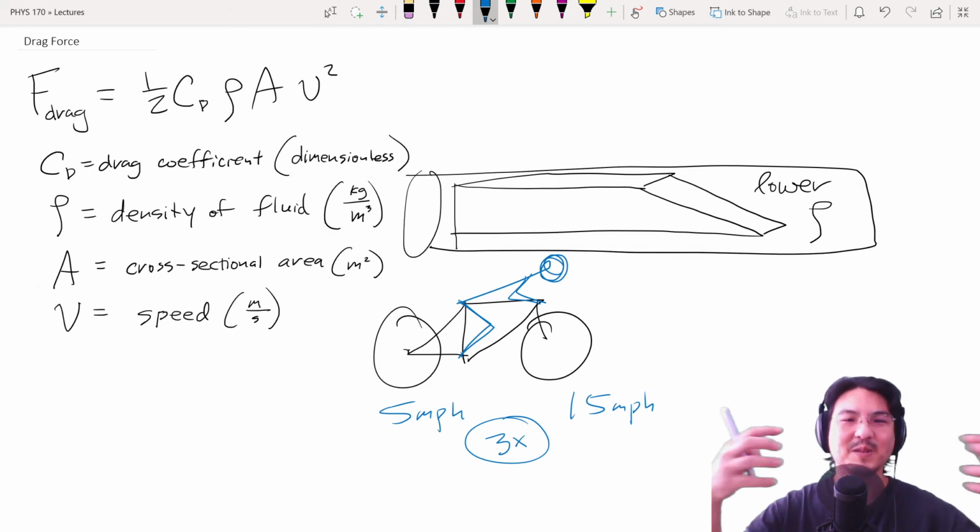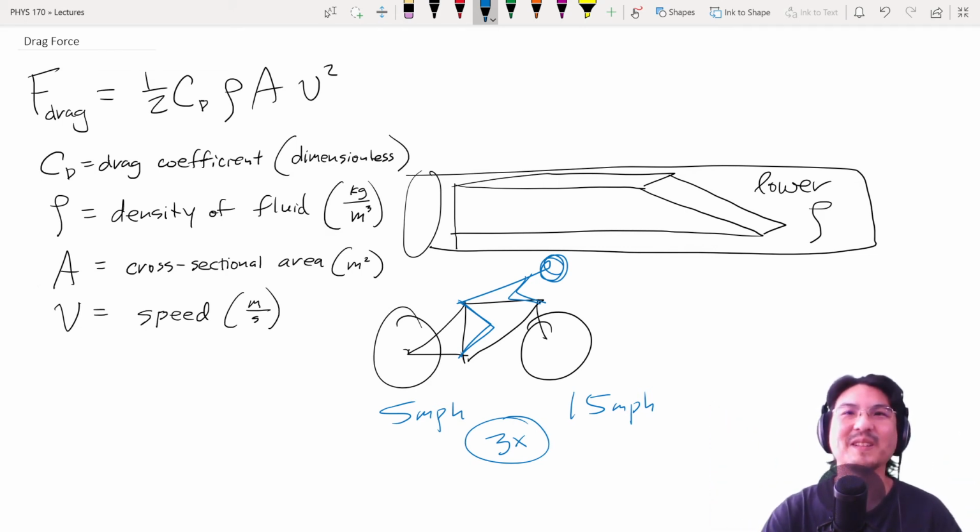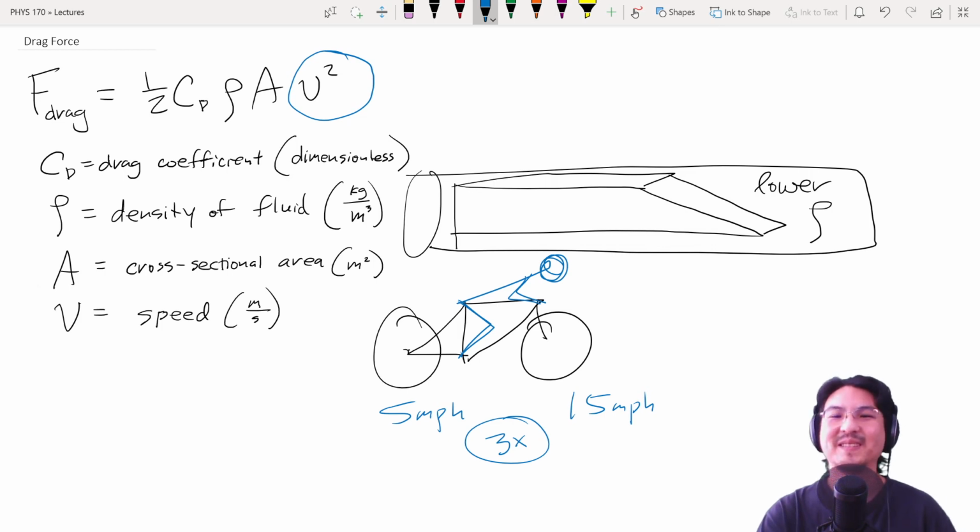So it feels good because there's more wind on your face cooling you down, but 3 times the speed squared. So there's 9 times the drag, right? Because it's speed squared.